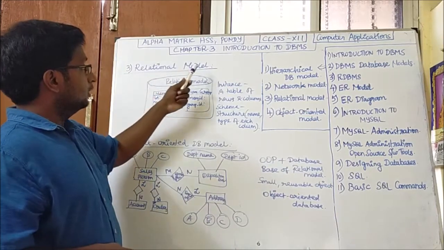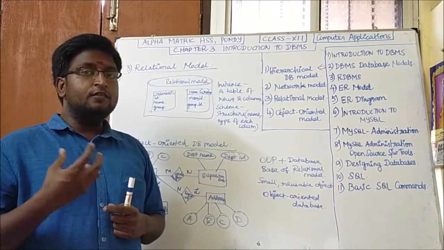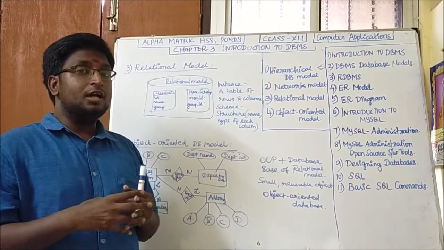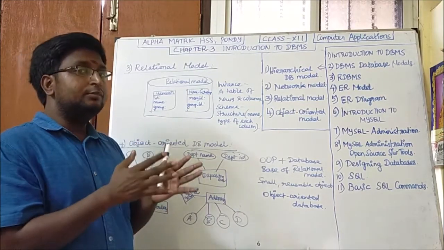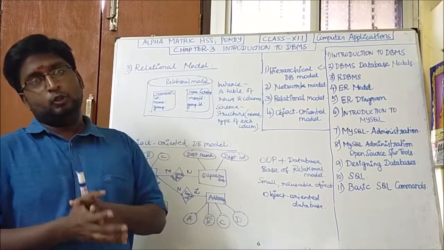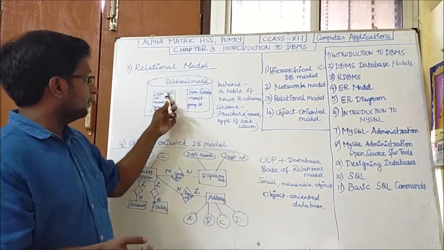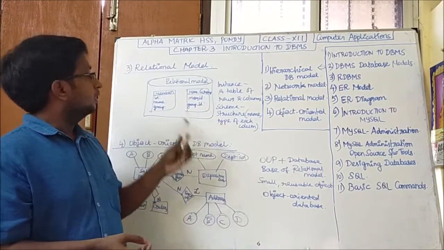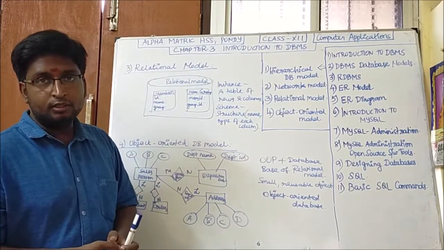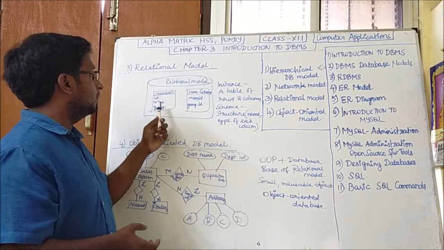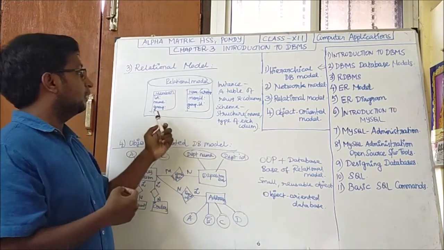The relational model is nothing but it forms a relation among the data, a similar data into a single group. Say for example, we have member and member group. The member will have the common data: member ID, member name, and which group they are related to.